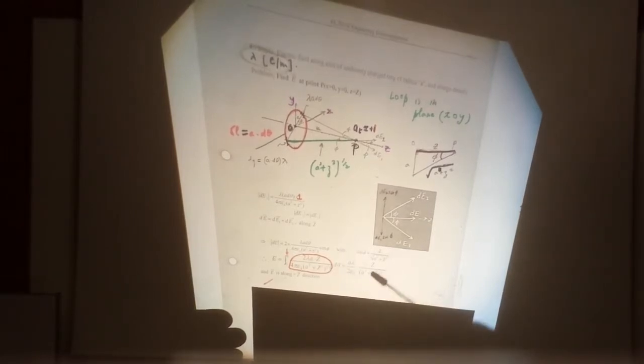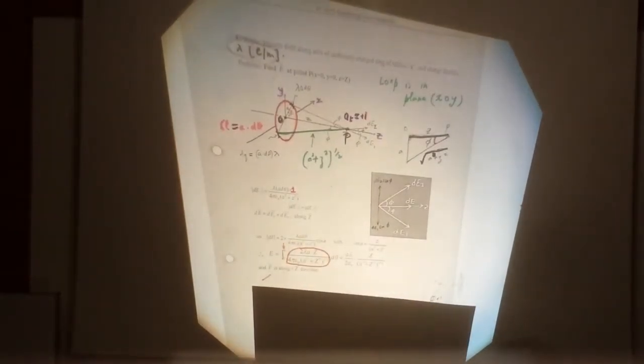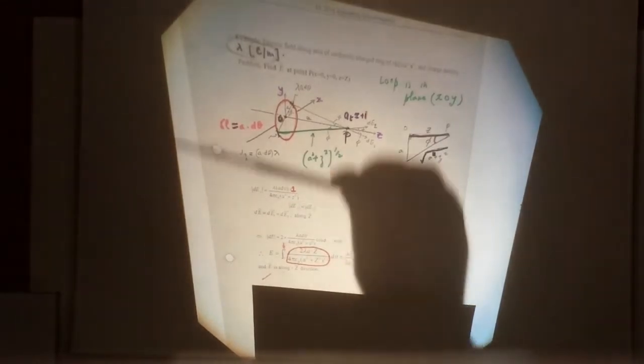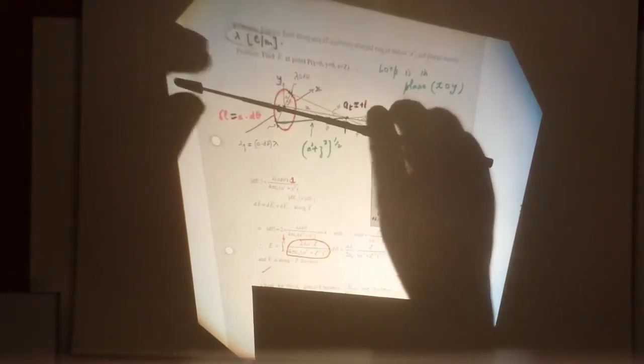Now, that field is pointing in this direction. Okay. But of course, there is symmetry there. The field also down here, also this way, in this way, because the ring is symmetrical. But we are not asked to calculate this way, we are asked to calculate this way.